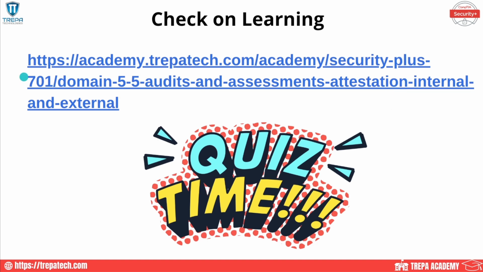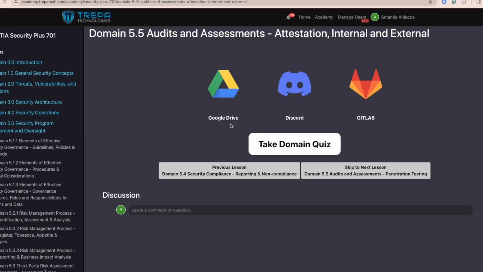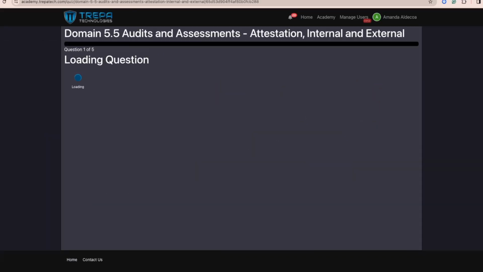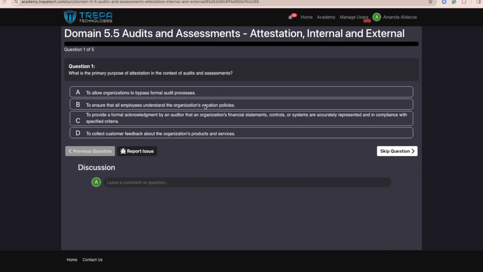Okay, now let's go ahead and do our check on learning. Okay, question 1. What is the primary purpose of attestation in the context of audits and assessments? So that's going to be C, to provide a formal acknowledgement by an auditor that an organization's financial statements, controls, or systems are accurately represented and in compliance with specified criteria.